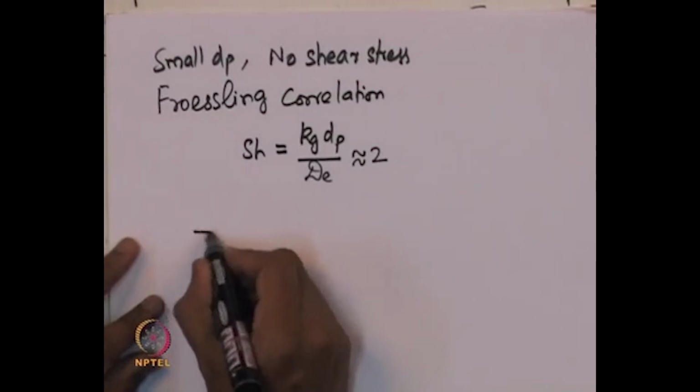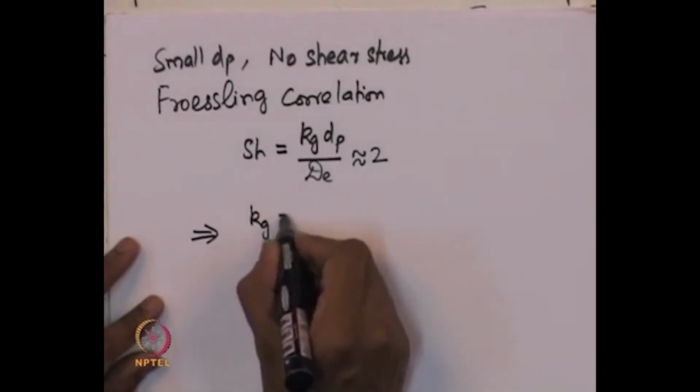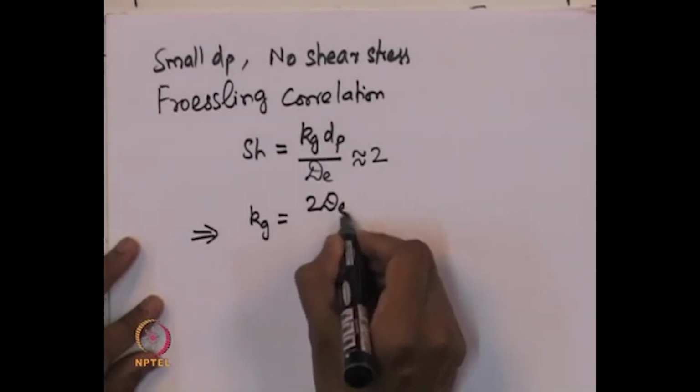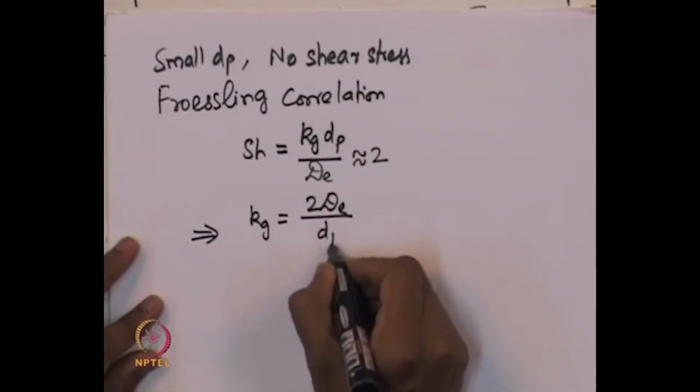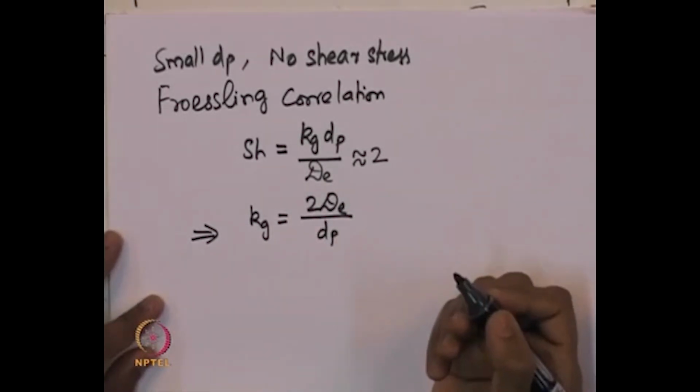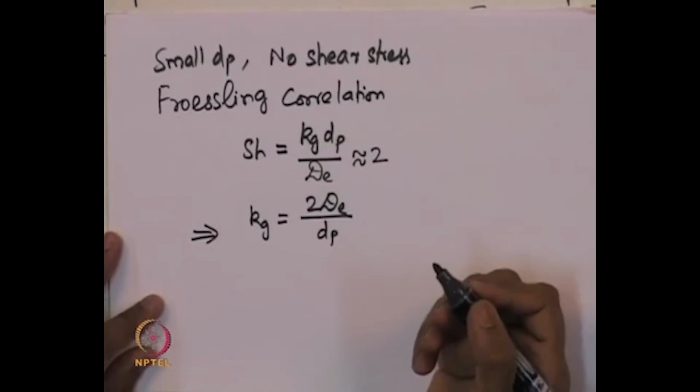So from here we can find that the mass transport coefficient is given by 2 times diffusivity divided by the diameter of the particle which is being dissolved.